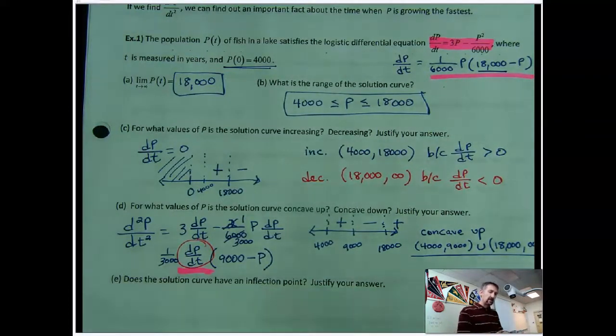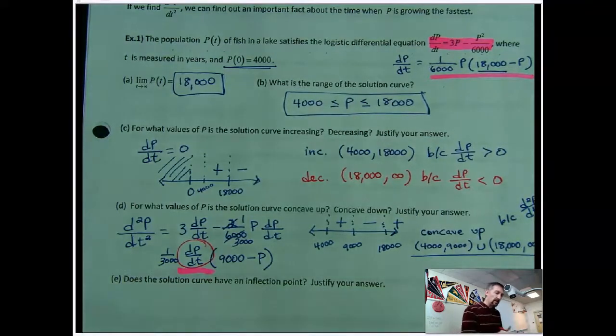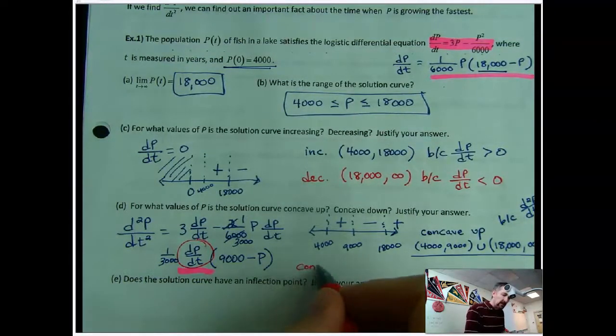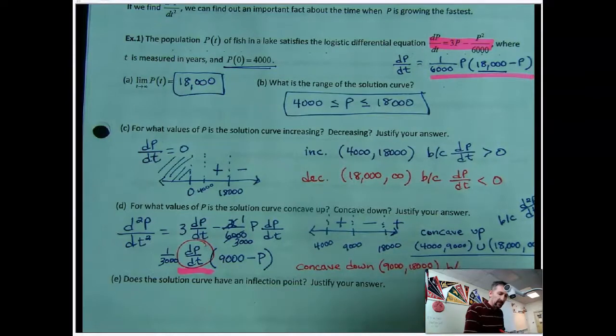And now I almost forgot, because the second derivative is greater than 0. And then we're going to say concave down from 9,000 to 18,000 because it is less than 0.